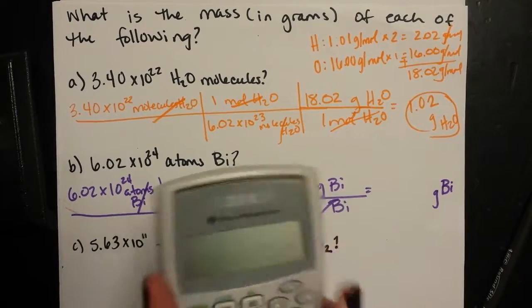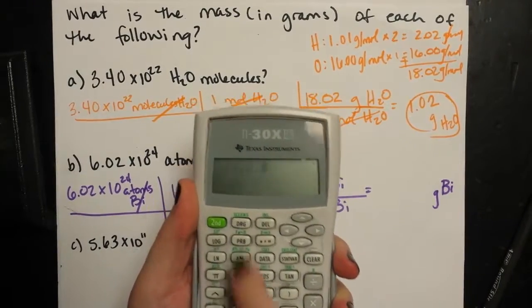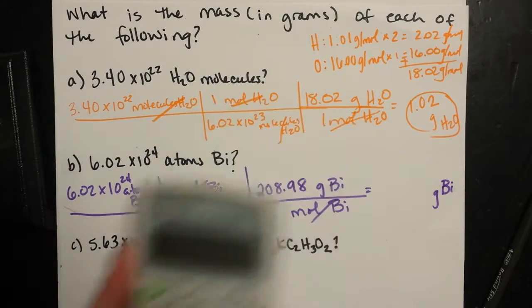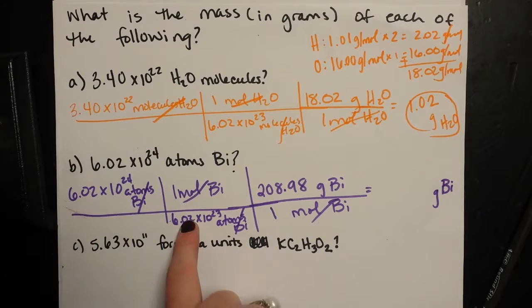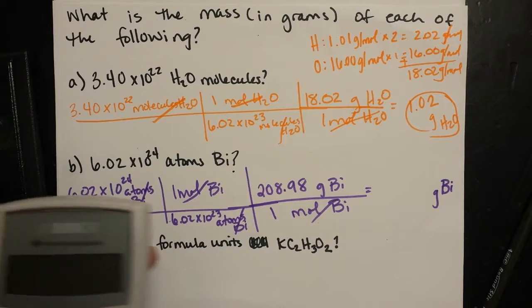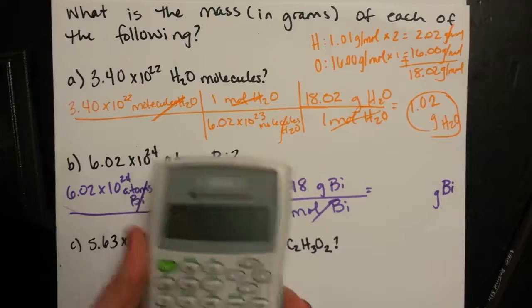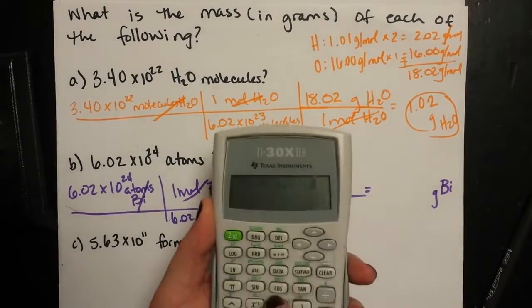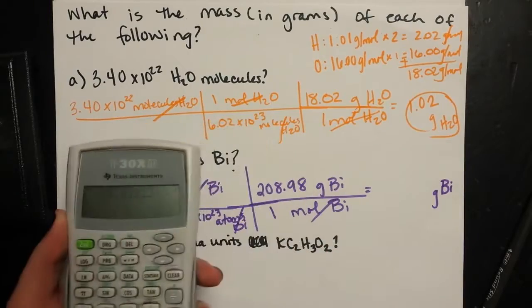Okay, and now it's just plugging it in the calculator. So I've got 6.02 times 10 to the 24th. And I just want to point this out ahead of time. They both have the same coefficient and are only different by 1 order of magnitude. So I'm guessing this is going to be 10, but we can plug it in just to practice plugging stuff in the calculator. 6.02 times 10 to the 23rd for Avogadro's number.